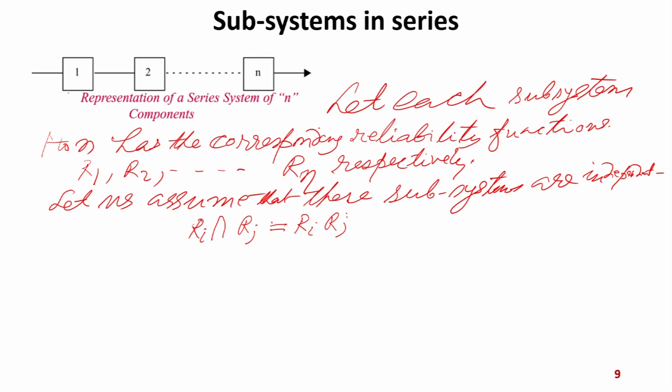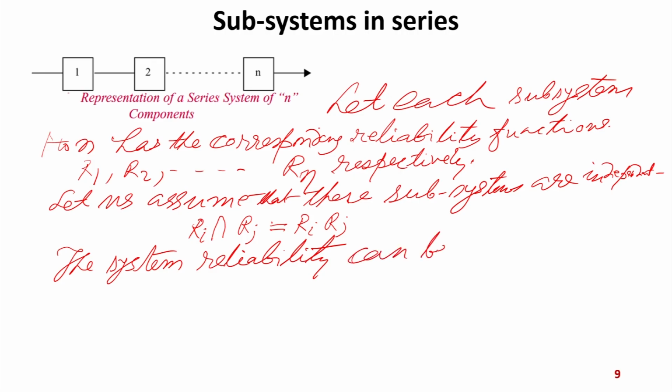So, considering this, the system reliability can be written as follows. The system reliability is ensured when all the sub elements 1 to n work. If any one fails, then the total chain will fail.